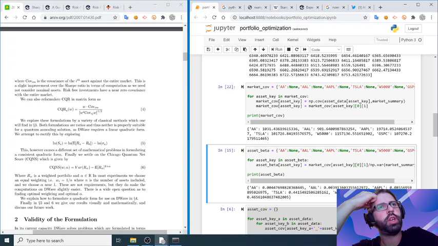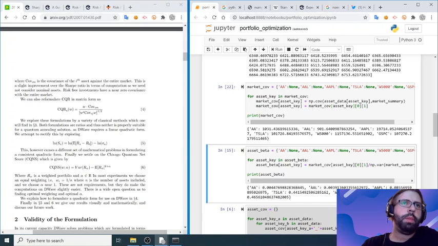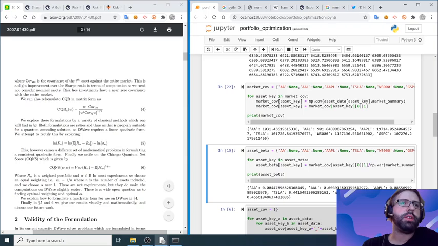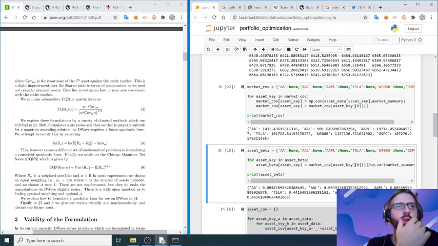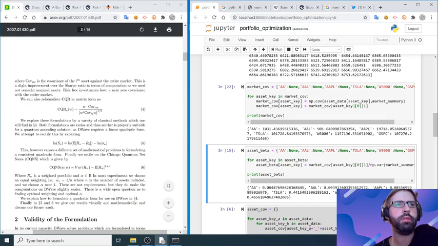Finally, we settle on the Chicago net score, which is given by R_W, where R sub W is a weighted portfolio, and alpha is a real number. In most experiments, we choose an equal weighting, where n is the number of assets included, and we choose alpha to be 1. These are not requirements, but they do make the computations in D-Wave slightly easier. There is a wide open question as to finding optimal weighting and optimal alpha. We explain how to formulate the quadratic form for use on a D-Wave in appendix number 4.